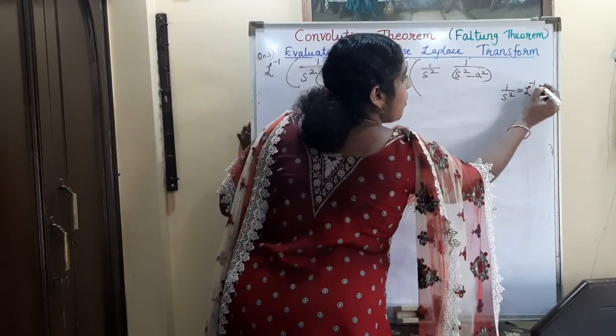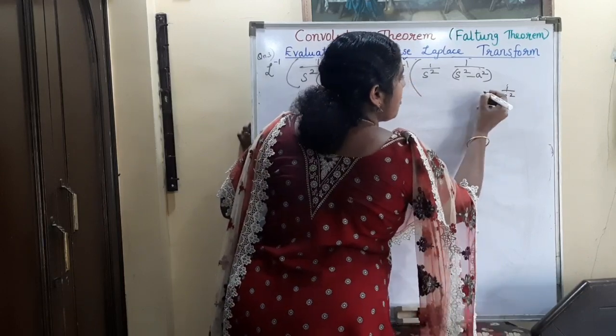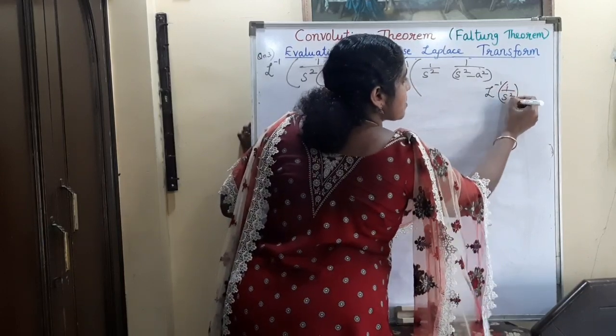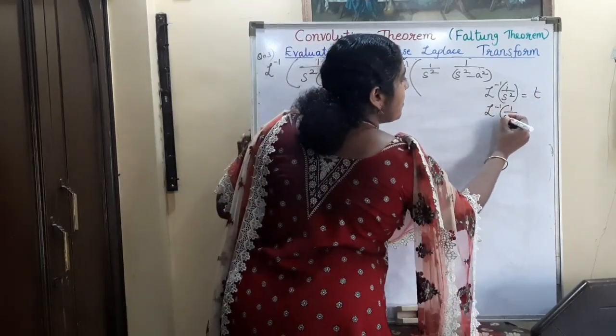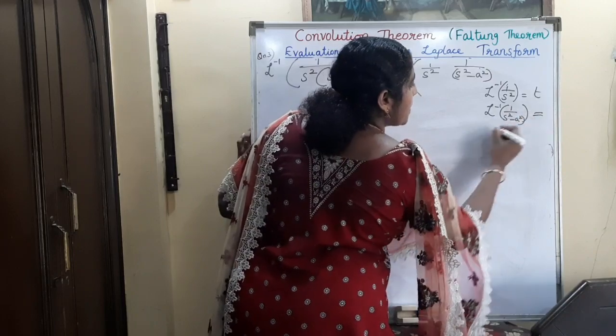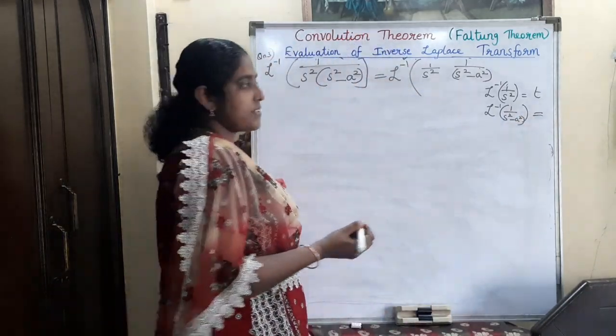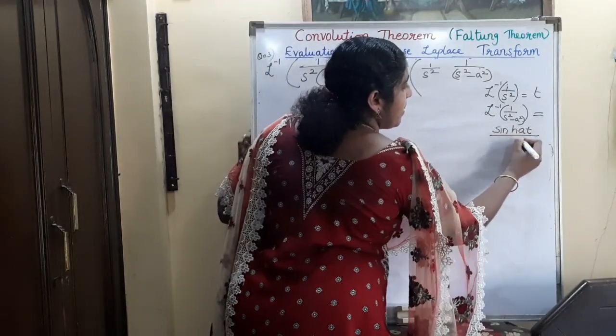The Laplace inverse of 1 by s square is t, and the Laplace inverse of 1 by s square minus a square is sine at divided by a.